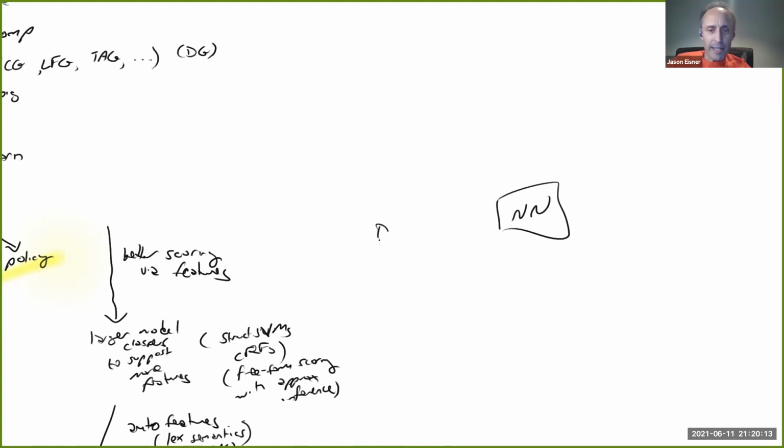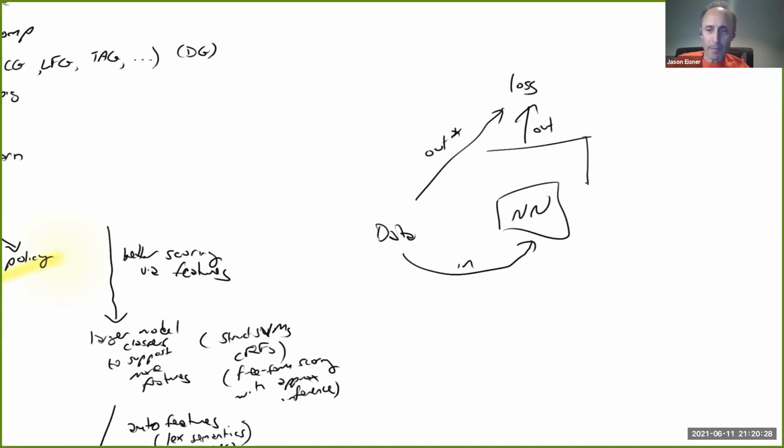And from data, in comes an input, and out comes an output, and then we measure some loss relative to output star, and maybe we wrap some search around this.